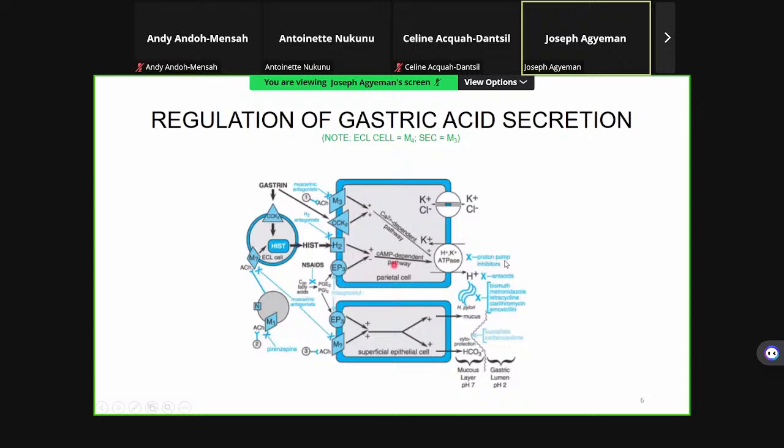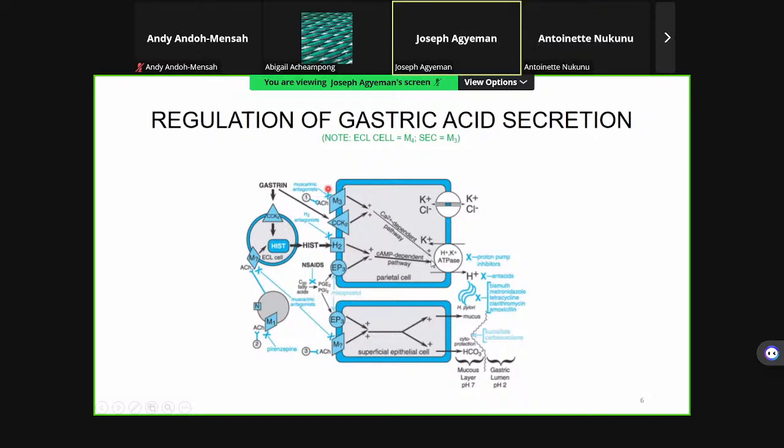If you see negative, you are stopping the pathway. So now we've been able to describe two of the possible pathways through which acid can be released from the parietal cell: the muscarinic pathway and the CCK2 pathway, parasympathetic and gastrin.